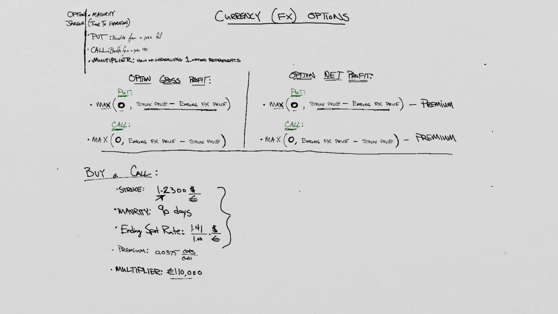We're going to take a look at the net profit to a call, and it's the maximum of either 0 or the difference between what the exchange rate ended up at, 1.41, minus the price we sort of locked in when we bought this call option. Or 0, we can always walk away. But you can see in this case, we wouldn't want to do that because this number is now the maximum. It's a positive number. In fact, it's 18 cents.